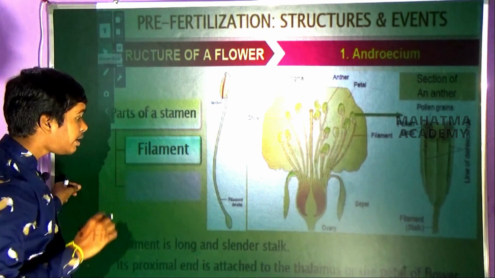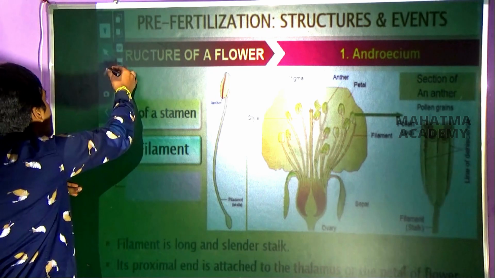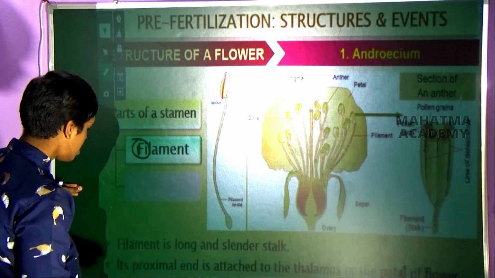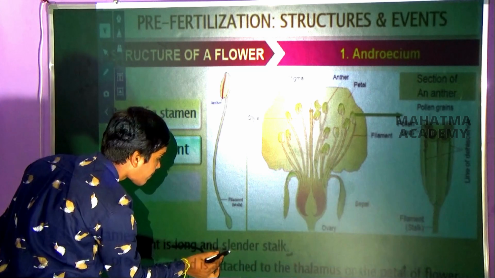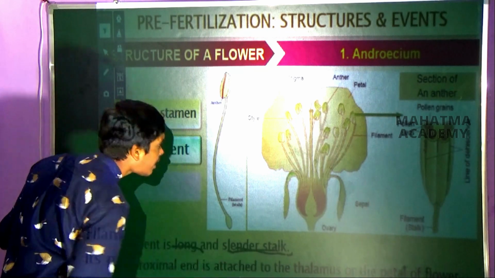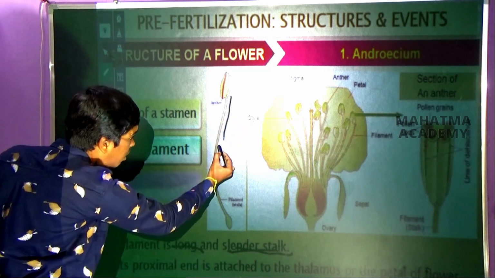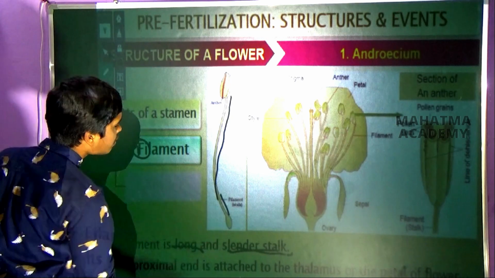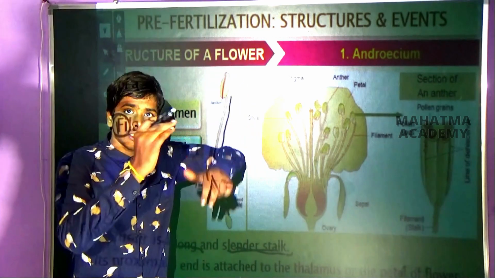Now, we will see about the filament of the stamen. That's the first part. Filament is a long and slender stalk. Okay? So, it looks like this, this is the filament. So, the filament is the long and slender stalk.